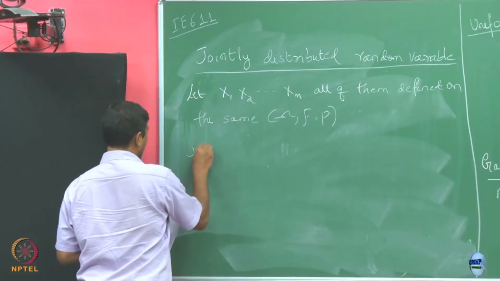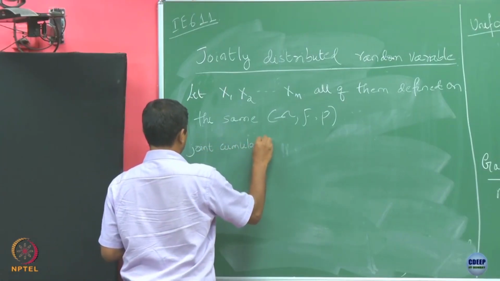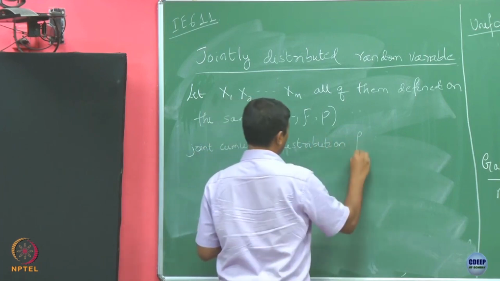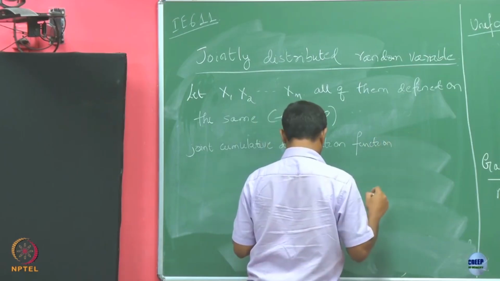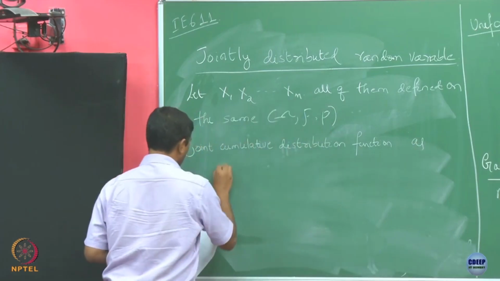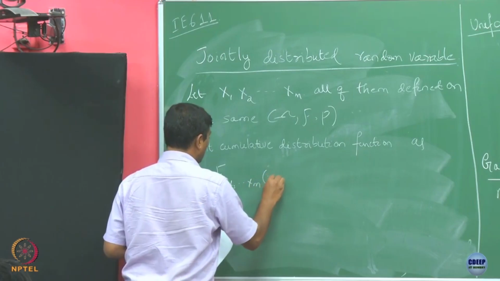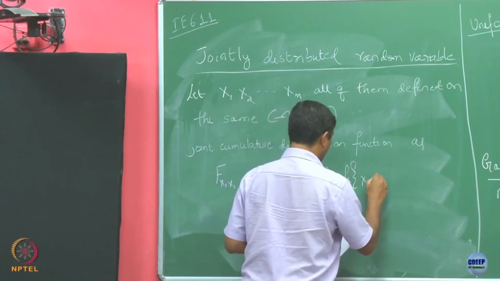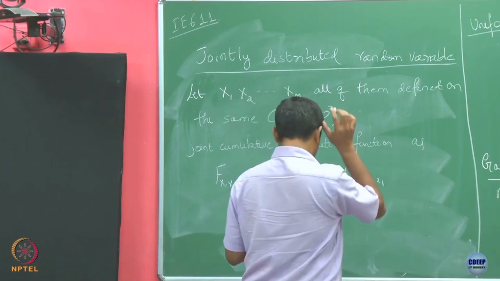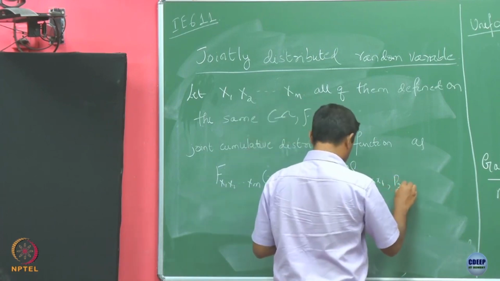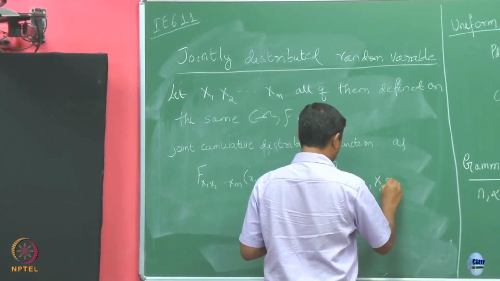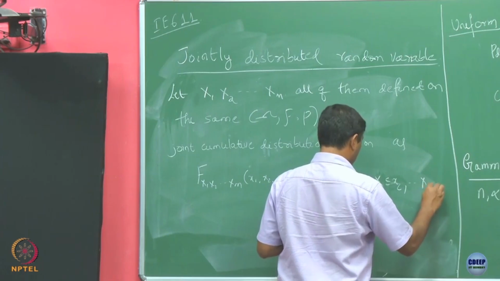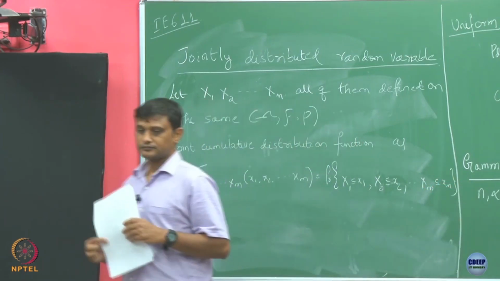Then we are going to define the joint cumulative distribution function as follows.